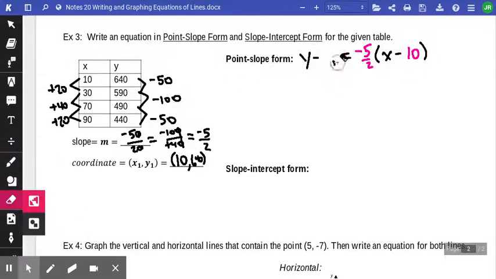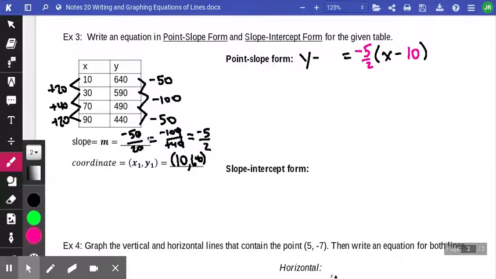Erase, replace y1, which is 640. Okay. We have a single sign everywhere, so we don't even need to do that double negative change to positive. So if the question asks you to write the equation in point slope form, here would be our final answer.